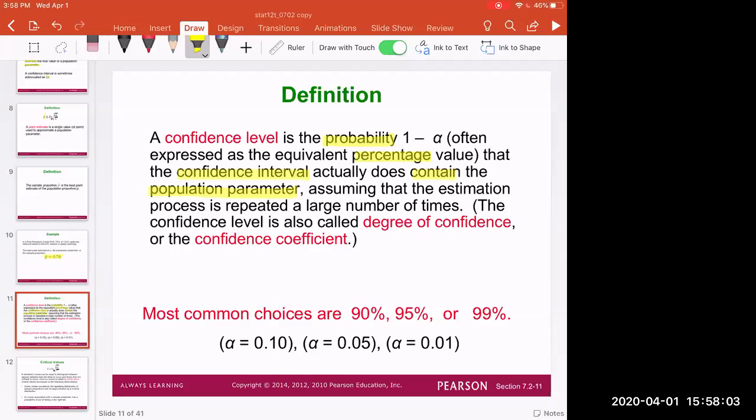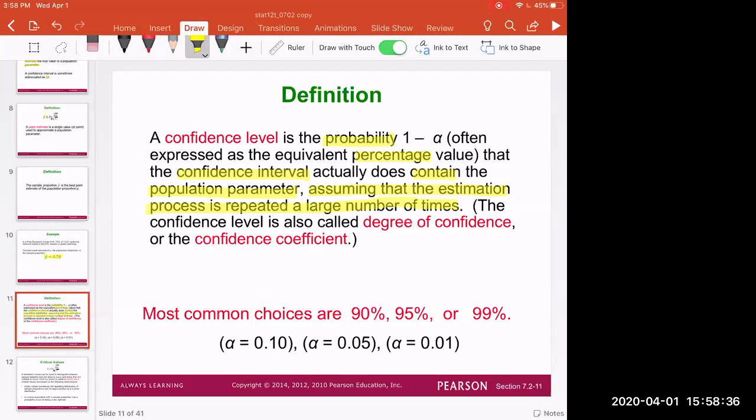Now, the biggest thing here is that it is the probability that your confidence interval contains the true population parameter, assuming that you do the same estimation process a large number of times. So say with that first example, if I got many different samples of 1,501 adults and made confidence intervals from each of those samples, then 90% of the time, my confidence intervals would capture the true population proportion.